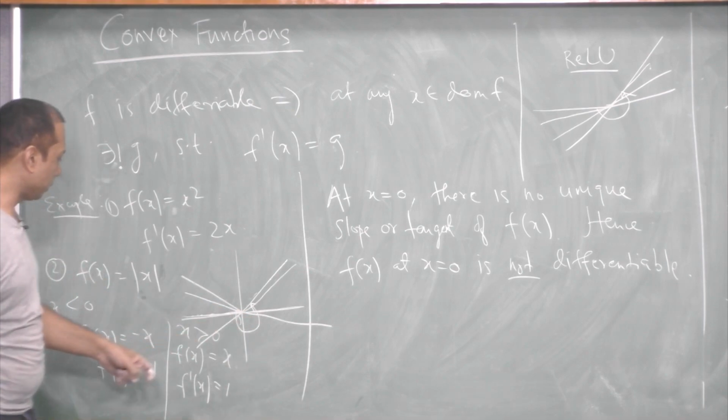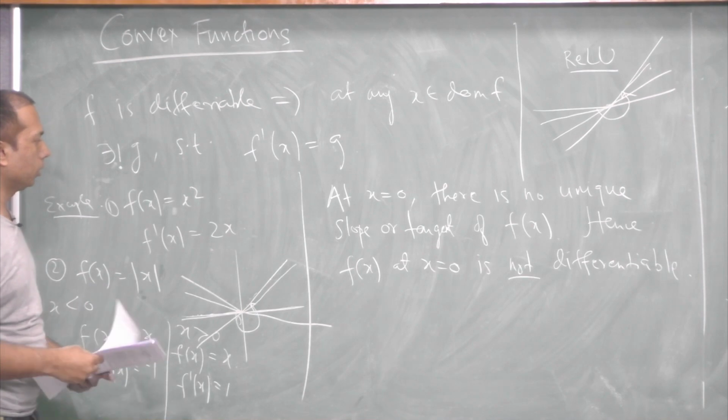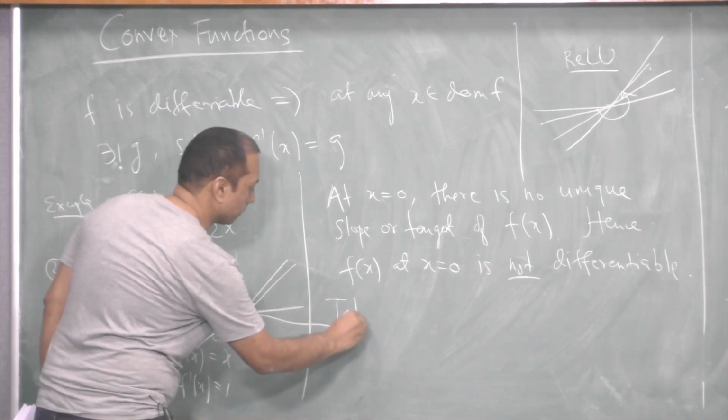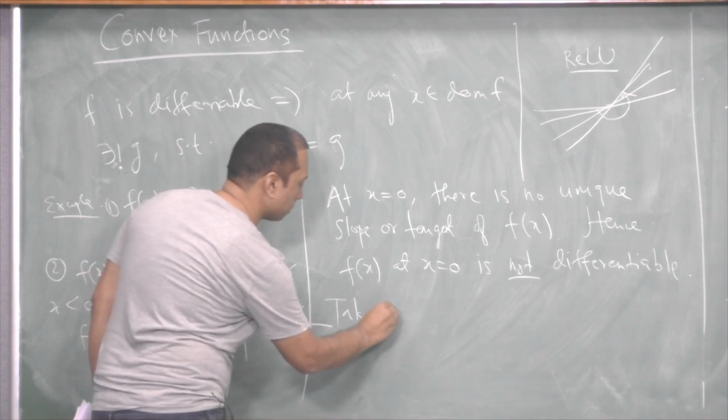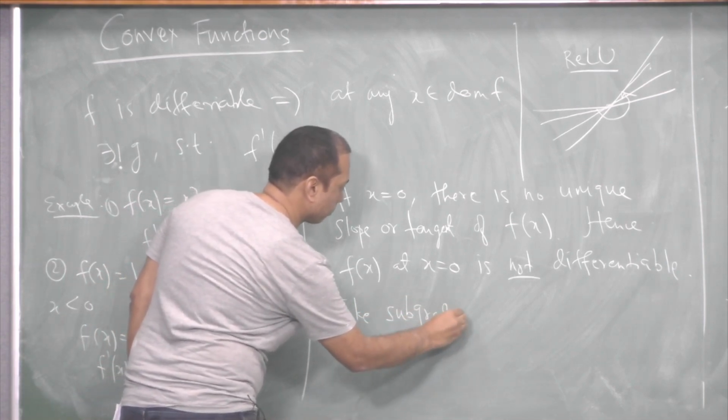In this case, values ranging from -1 to 1 are all considered slopes at 0. So take the subdifferential basically. I will define the subdifferential properly, but subgradient.